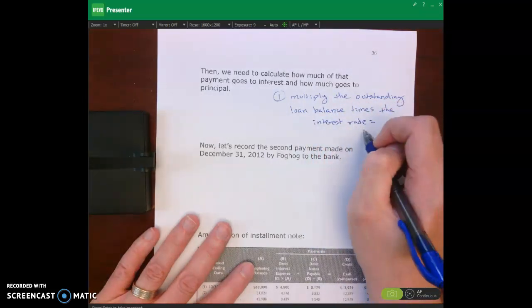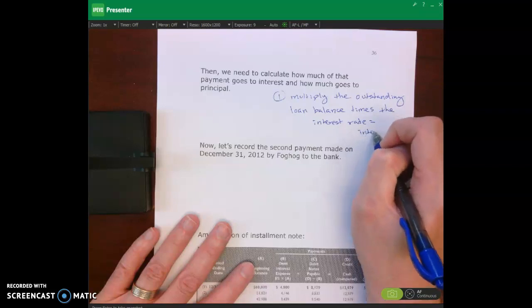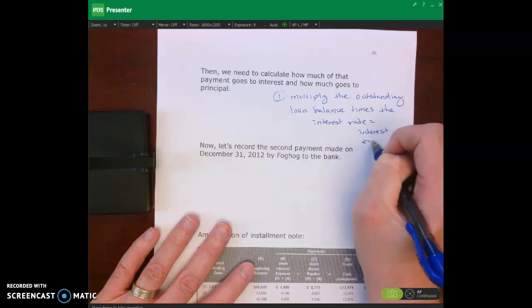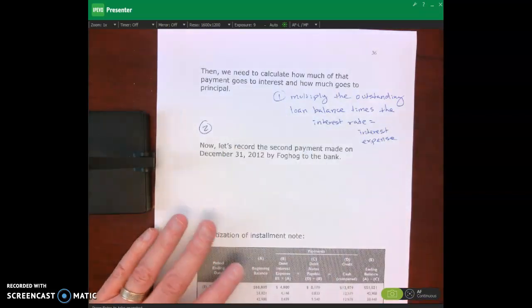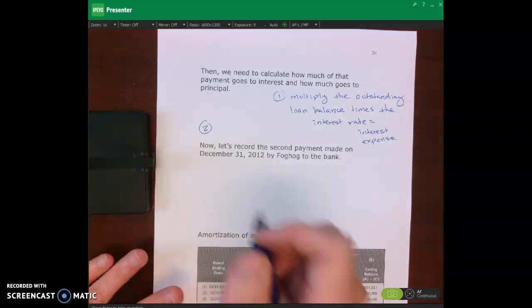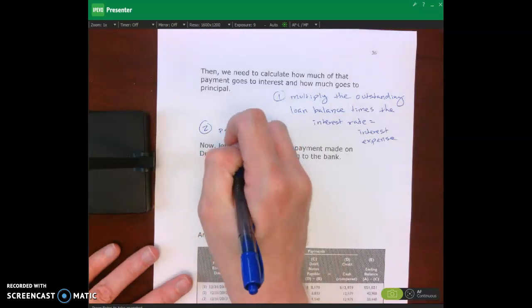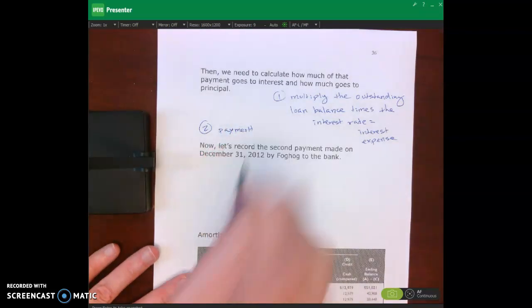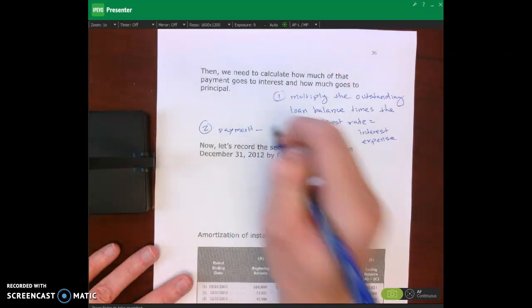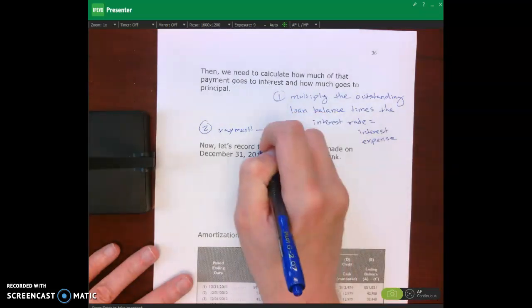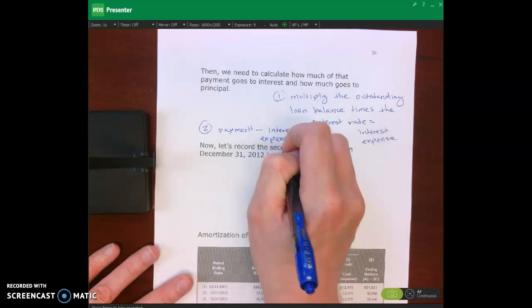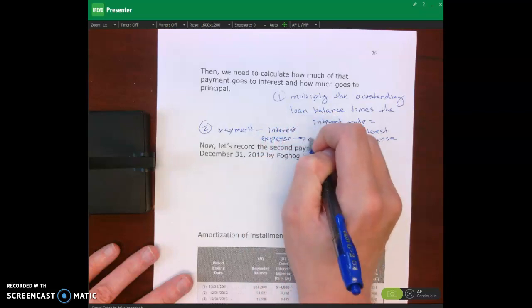And then that equals our interest expense. And then number 2, we will take our payment, which was equal to our $12,979 minus our interest expense, and then that is how much goes to principal.